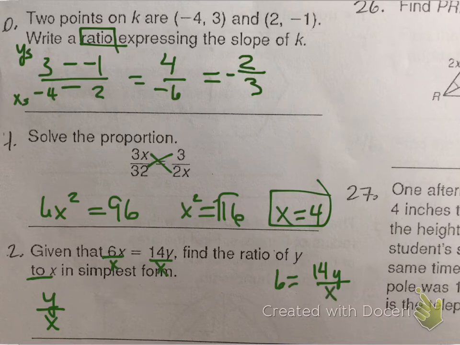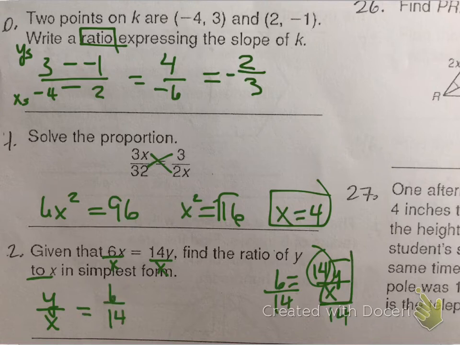Now I need to get rid of this 14, so I can divide by 14. So now I have y over x is equal to 6 over 14. Simplify 6 over 14, which is 3/7. So that would be the ratio in simplest terms.